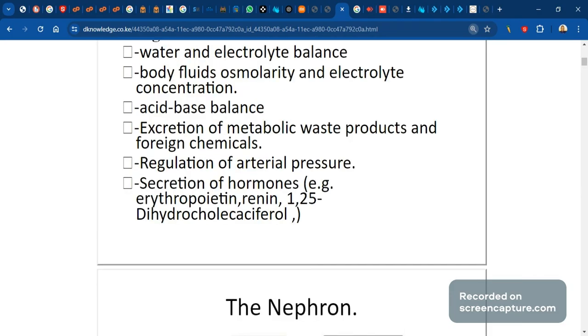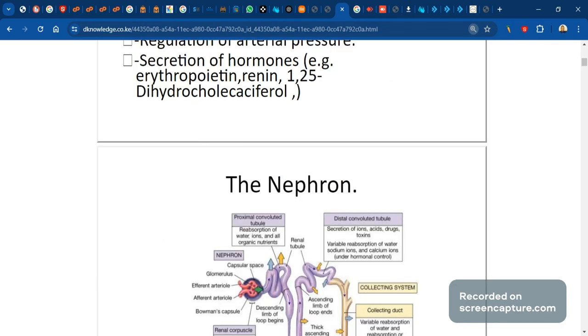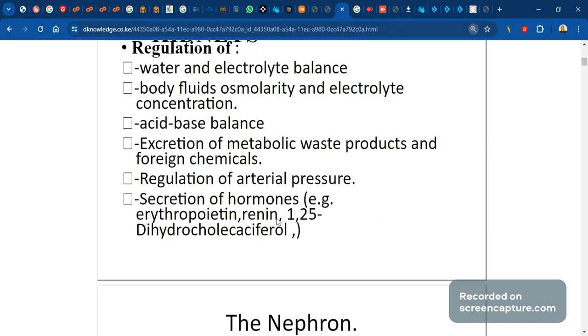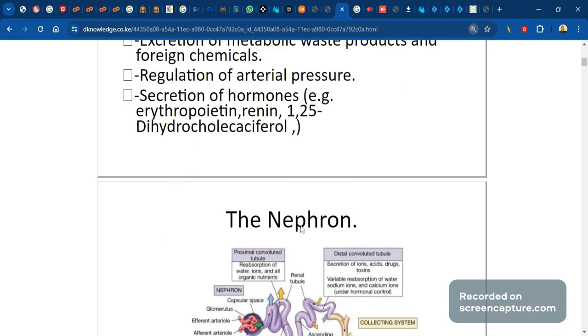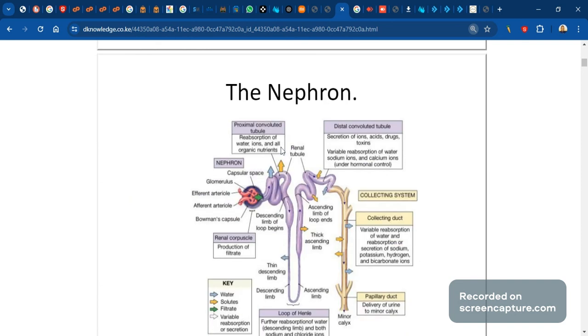I'm sure you understand we have erythropoietin, renin, and 1,25-dihydroxycholecalciferol, which is important in vitamin D synthesis, and vitamin D is also important in bone formation. So erythropoietin is for red blood cell production, renin is for blood volume and pressure regulation, and cholecalciferol is for vitamin D, which is for bone formation.